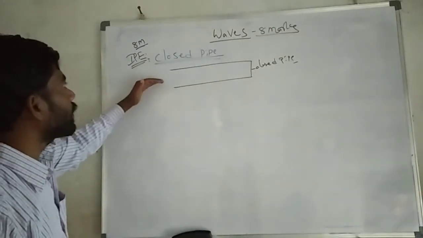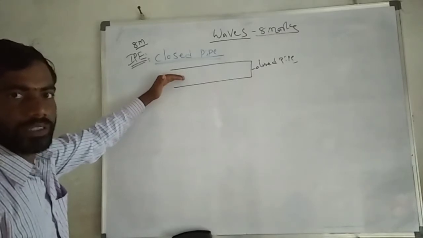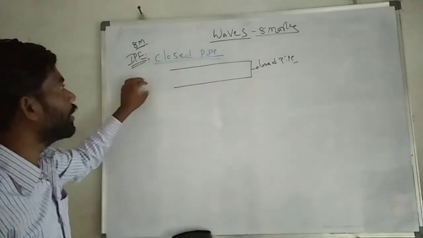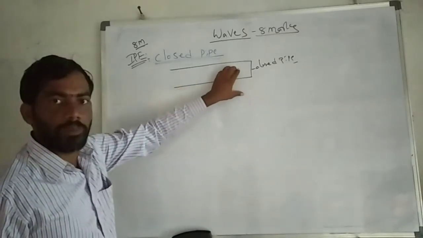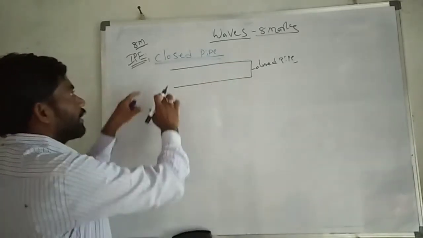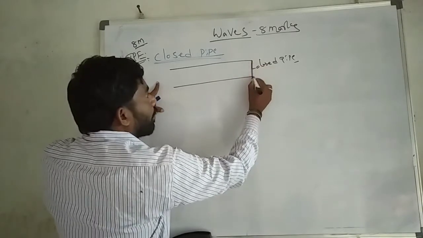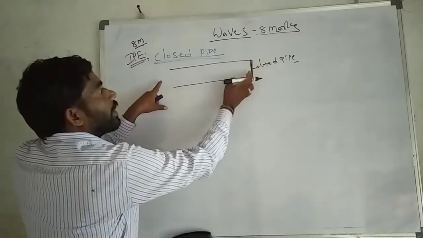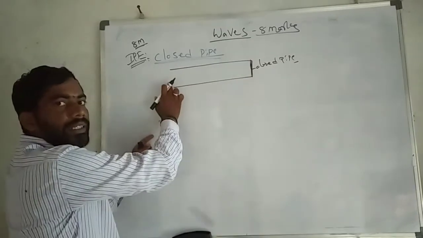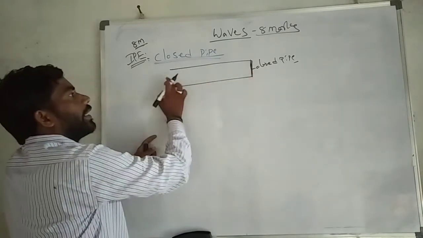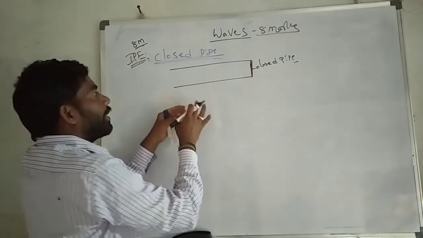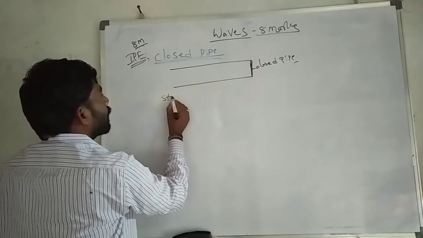At the open side, the wave is sent into this cylindrical pipe, then the wave propagates, and at the end of this the wave is reflected and forms the stationary wave.